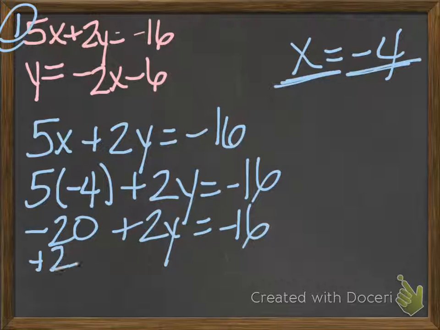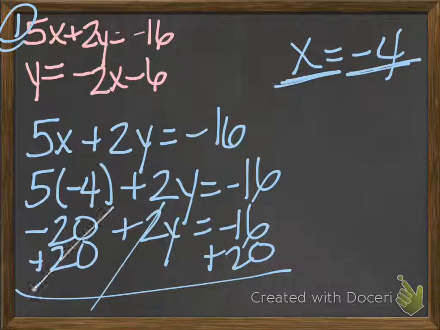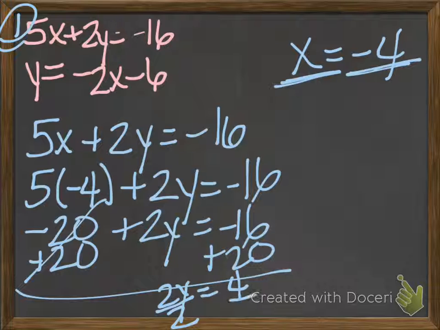And then we're going to add the 20. That's going to make it positive. So you got 2y equals 4. Then all that's left to do is to divide by 2 so that y equals 2.